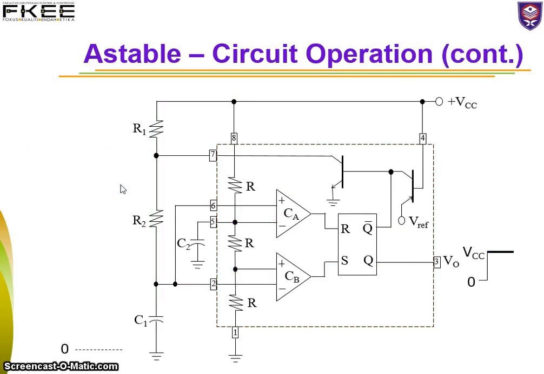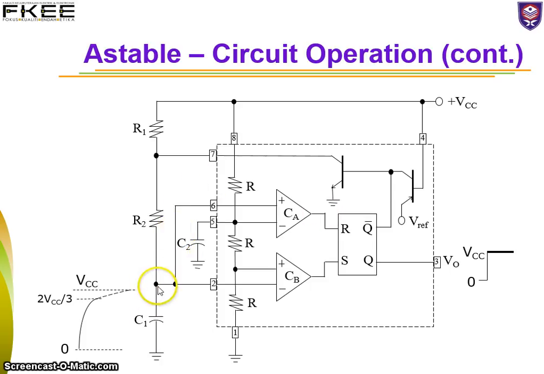Now your capacitor is being charged from 0, supposedly up to the maximum, which is VCC. But you'll see that the voltage at the capacitor won't reach VCC, since we are comparing the voltage at the capacitor with pin 6.